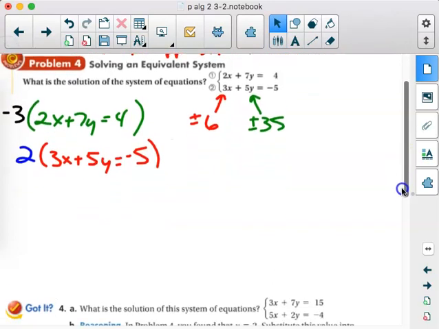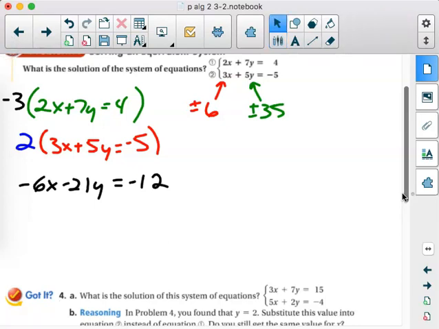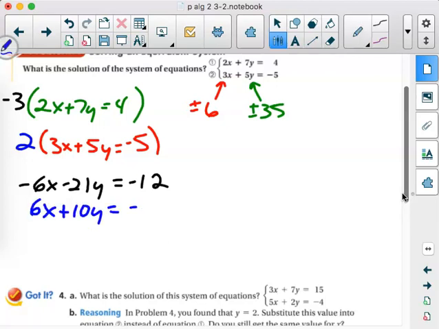So first things first, let's multiply that top equation by negative 3. And we get negative 6x minus 21y equals negative 12. And then I multiply my bottom, my red equation, and get 6x plus 10y equals negative 10.